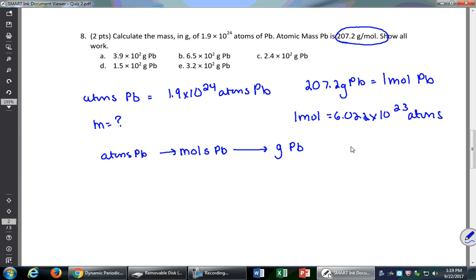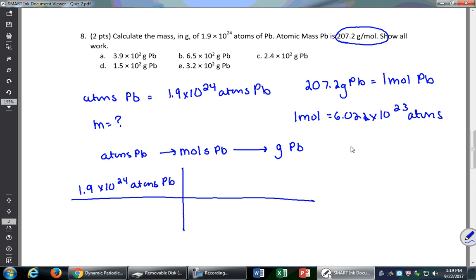So we're starting with our 1.9 times 10 to the 24 atoms of lead. And we're going to use our conversion to convert that to moles. And our conversion is our Avogadro number. We want our atoms on the bottom, and that's our 1 mole of lead at the top.